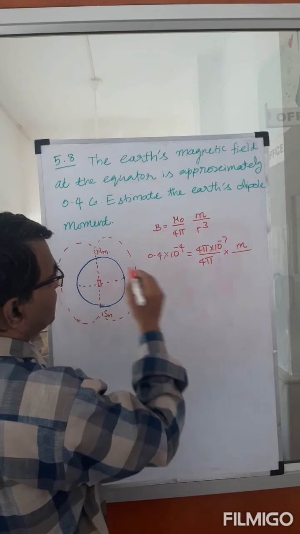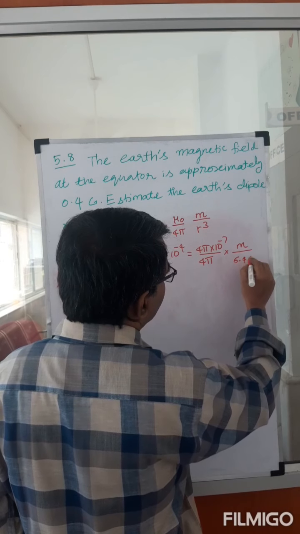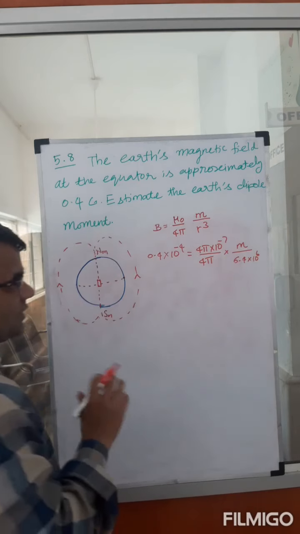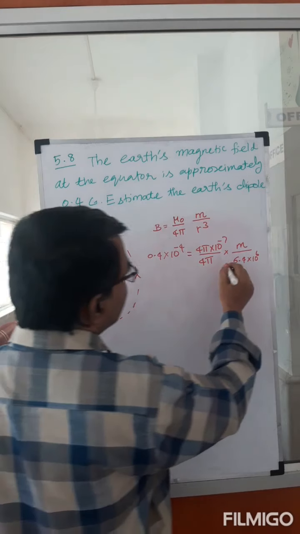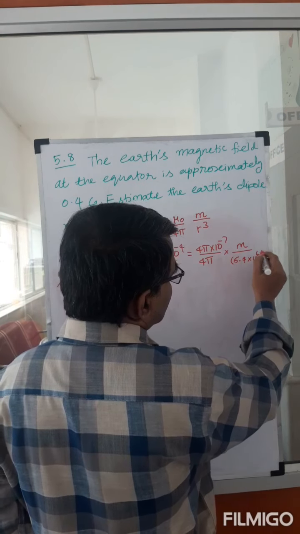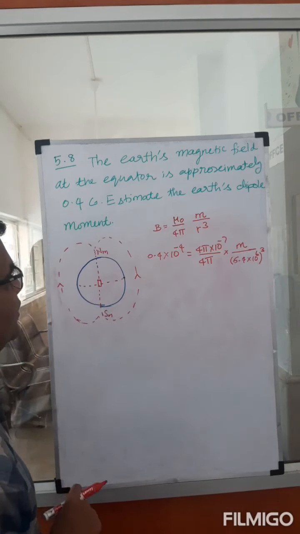Here r is 6.4 into 10 power 6 meters, because the radius is 6,400 kilometers, so it is 6.4 into 10 power 6 meters, the whole cube. That's what you get here.